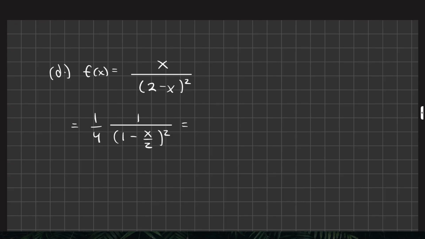So what we're looking at is 1/4 times the series from n equals 0 to infinity of, in this case, we need an n plus 1 term because it's squared. So we want n plus 1 times our common ratio of x over 2, to the nth power.